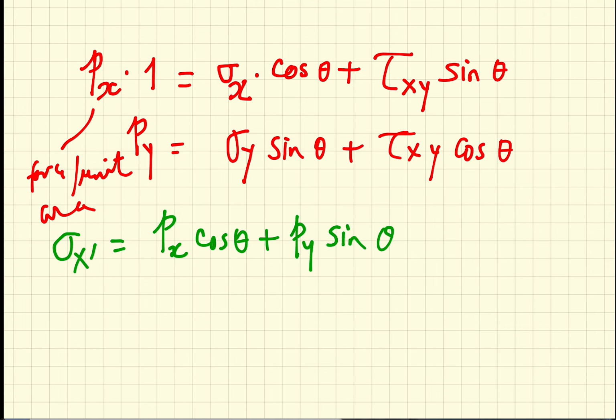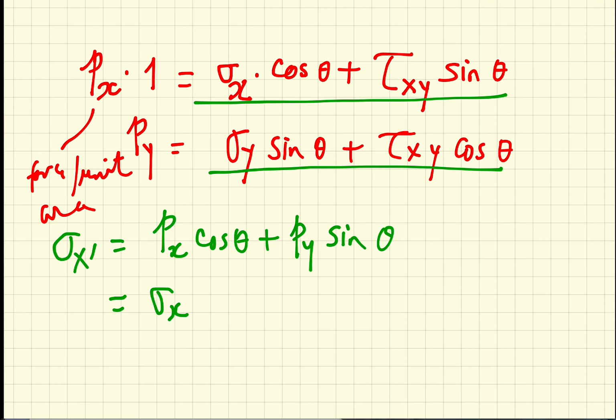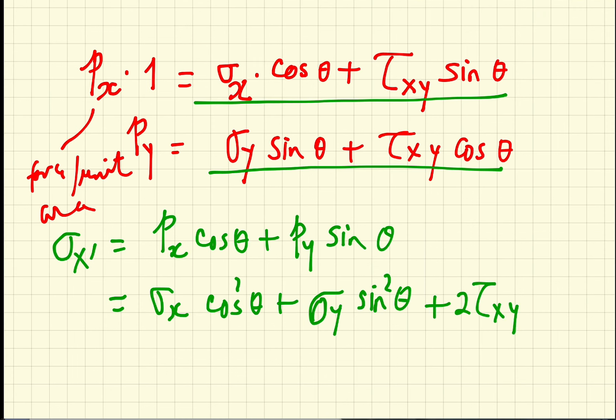And then I substitute for p sub x with this quantity and p sub y with this quantity, then sigma along x prime is going to be sigma x cosine square theta plus sigma y sine square theta plus 2 tau xy sine theta cosine theta.